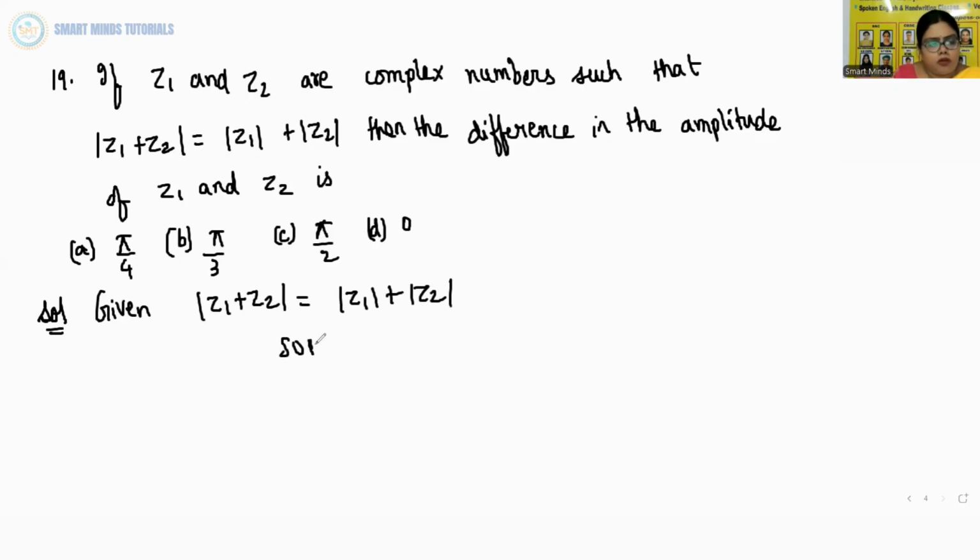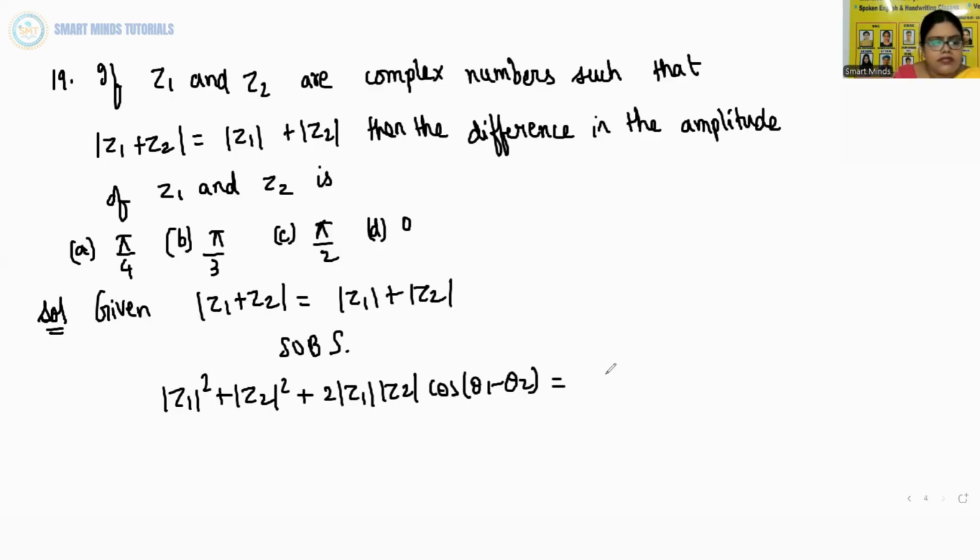Now squaring on both sides, what do you get? If you square the left hand side, you will get mod Z1 square plus mod Z2 square plus 2 mod Z1 mod Z2 cos theta 1 minus theta 2. And the right hand side, if you square, you will get mod Z1 square plus mod Z2 square plus 2 mod Z1 mod Z2.